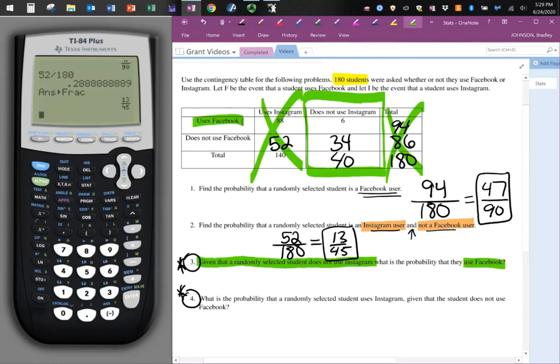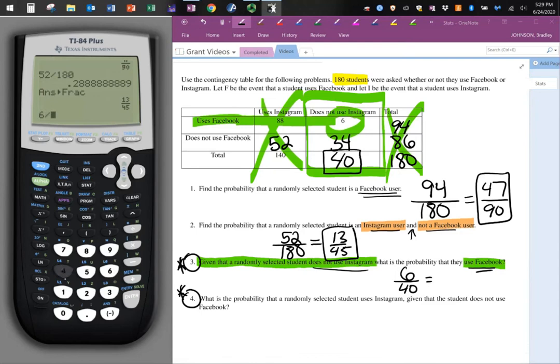Going across that row, you can see that value of 6. So here I would have 6 out of 40 total. 40 became my new total because I'm only looking at students that do not use Instagram, and 6 are the students in that group that use Facebook. So 6 out of 40 simplifies to 3 out of 20, or 0.15. Those are both very nice answers, a nice terminating decimal, I like that.